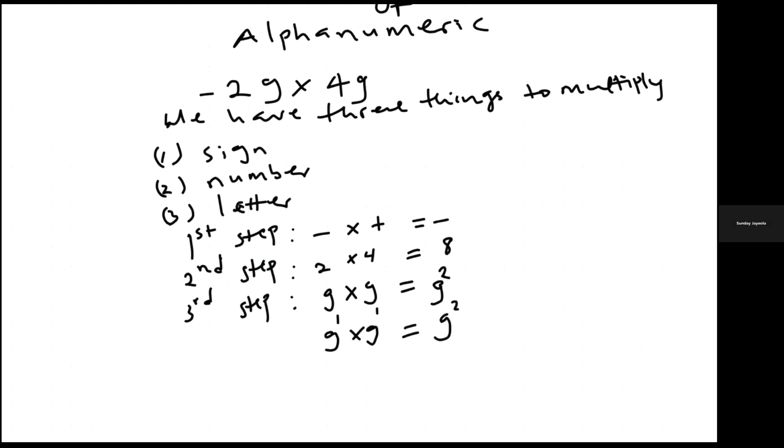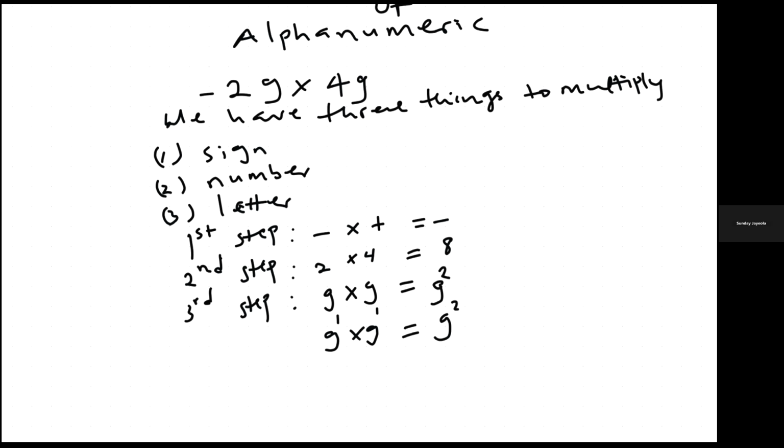Though we don't have the 1 at the top, we must know that when a letter is written, it's written to the power of 1, which is invisible. Just like when you say a plus a, we all know that is 1a plus 1a. Likewise, this is g raised to the power of 1 multiplied by g raised to the power of 1, which would be g raised to power 2.